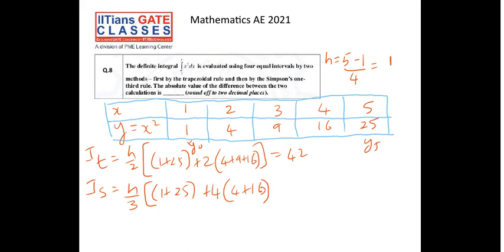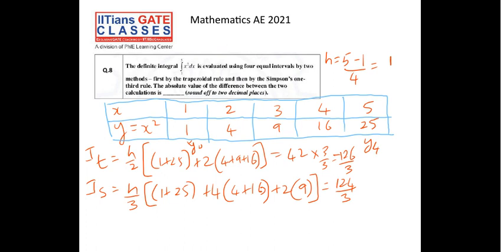This thing starts from y0 to y4, sorry, not y5, it's y4. And 2 times the remaining value, that is the even values, which is 9. So, finally evaluating, we get this value as 124 by 3. Now we just need to take the difference of these two values.